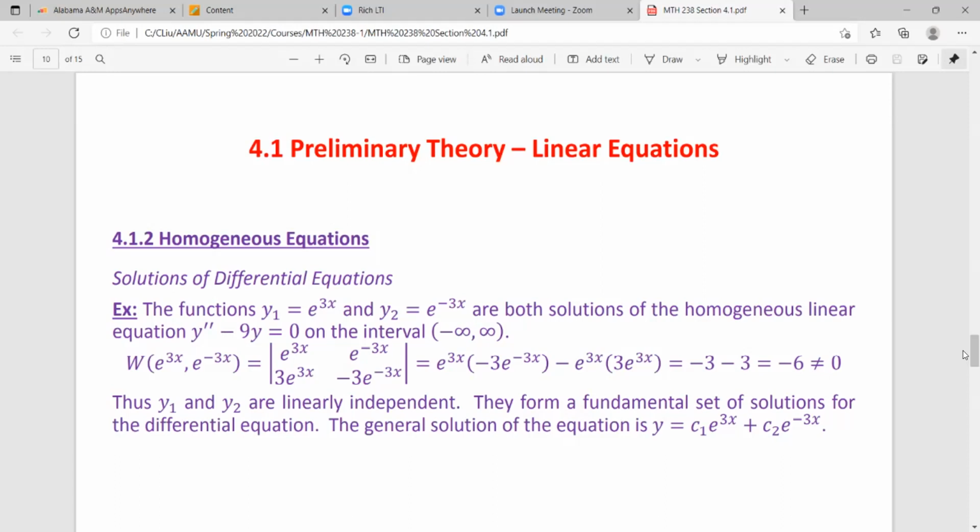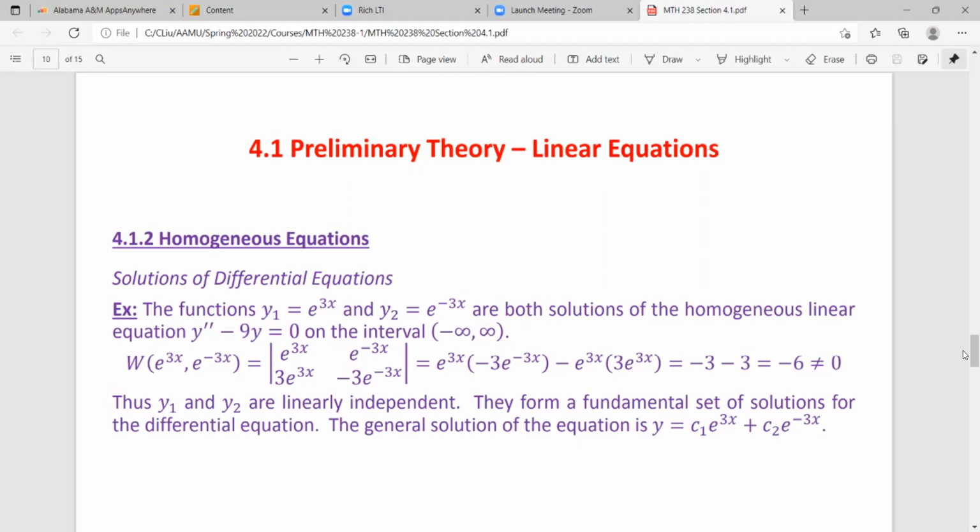So then how do we know these two solutions? So there are two solutions to the differential equation. How do we know these two solutions are linearly independent or not? We can calculate the Wronskian of the two functions, okay? So you just find the determinant of those two functions and the derivatives.